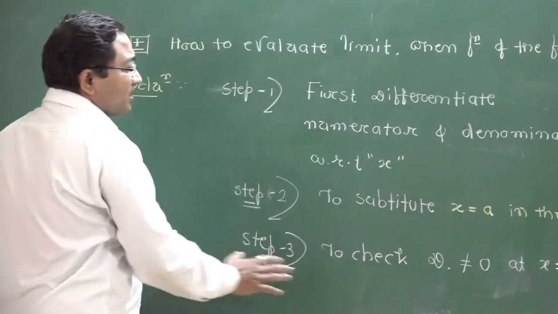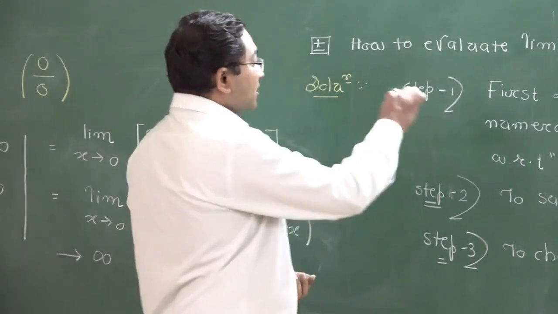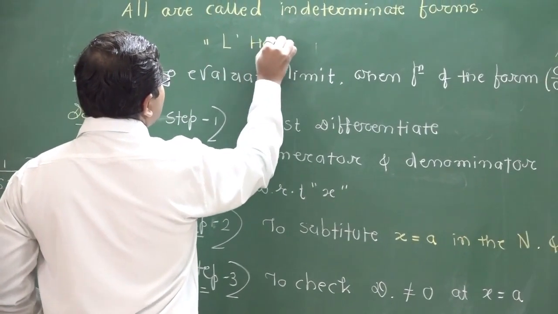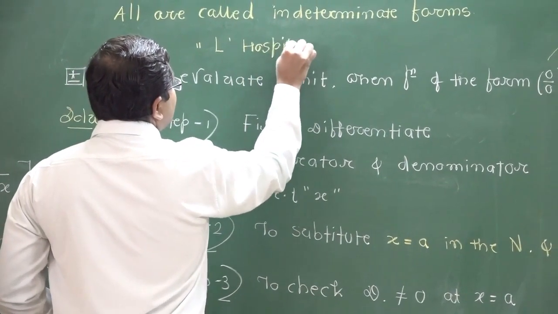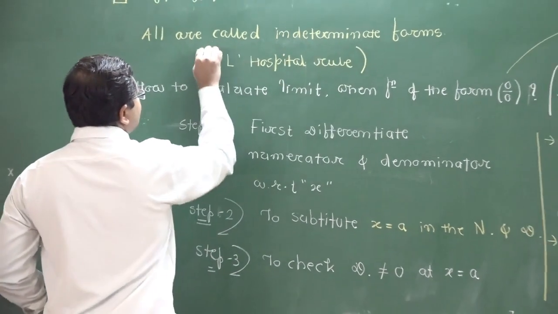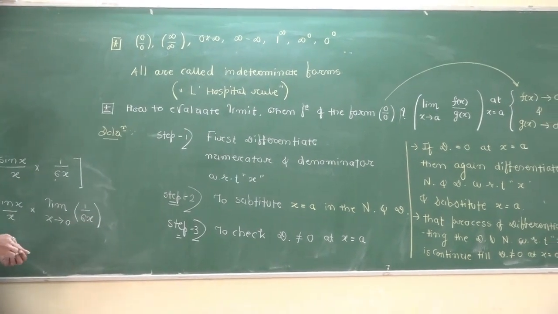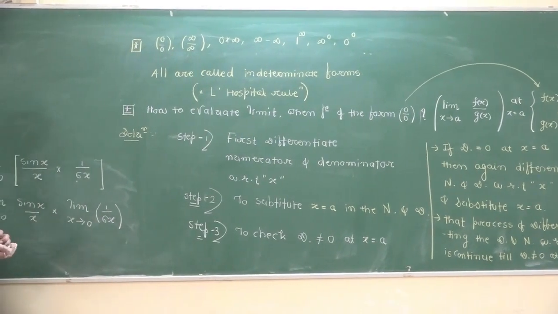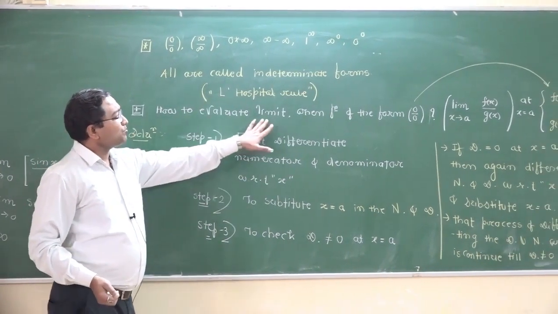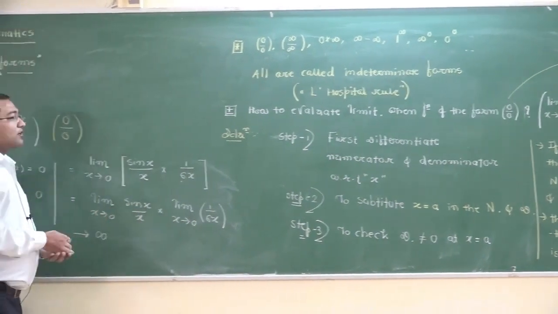In general, that whole process is known as the L'Hospital rule. According to that process, we can calculate some examples using the L'Hospital rule. So now let us go on to examples.